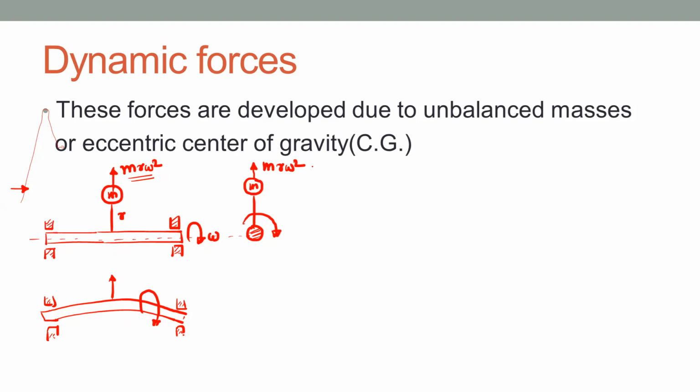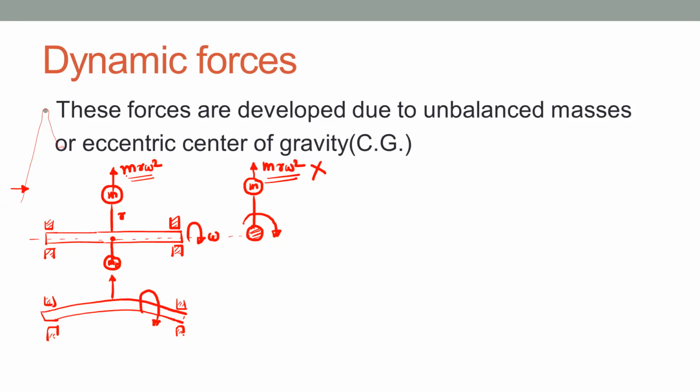That means we need to remove this unbalanced force, which is mr omega square, and therefore we will add the counter mass. This is called a balancing mass. This is just a very basic example so that you can understand the concept of balancing.